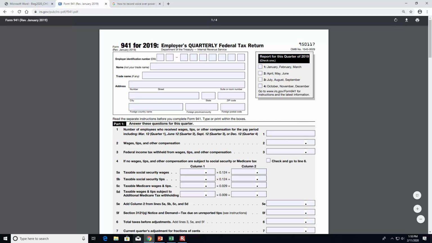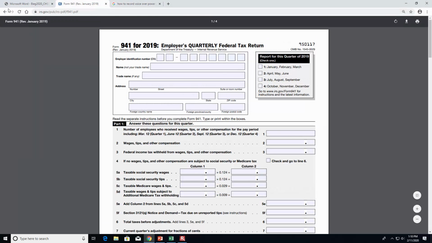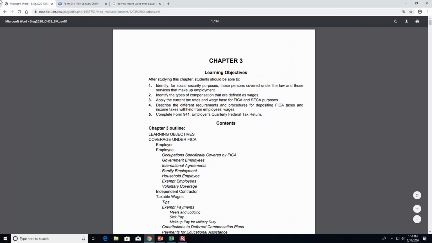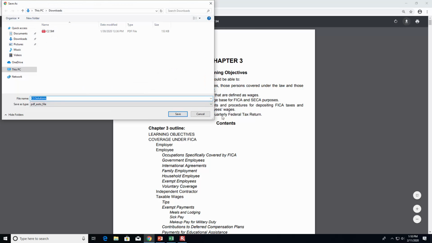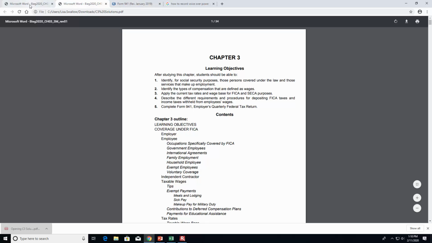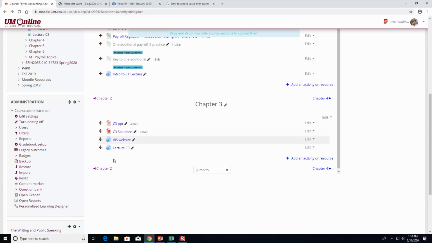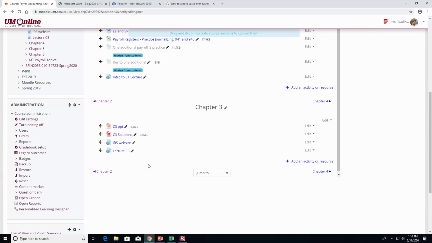And then, let's see, where am I? No, seriously, where am I? Oh, maybe I need to download this, and then I can go back. Okay, and then go back here. I just opened the solutions to chapter 3 too.